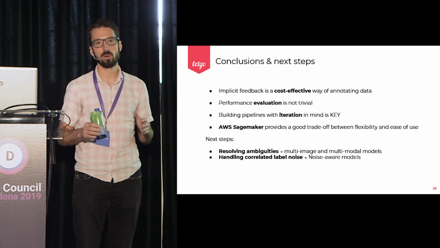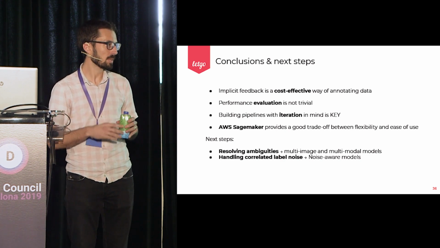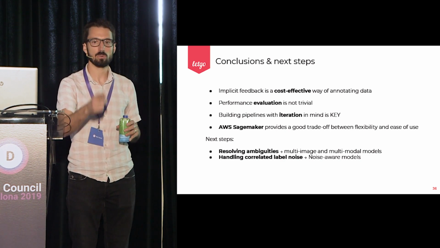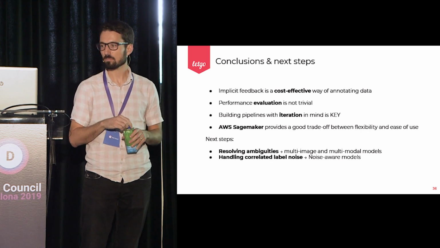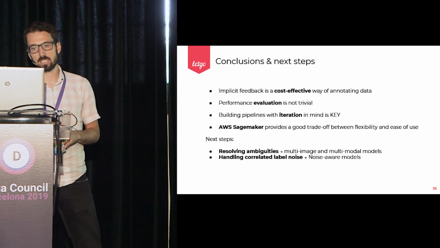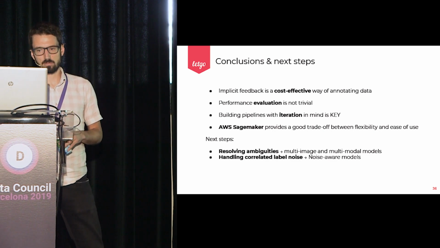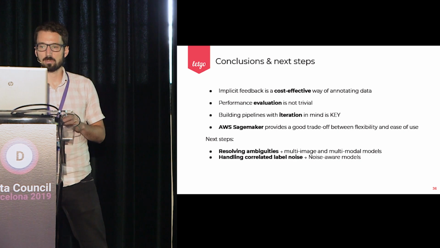You have to be a little bit smarter about how to handle versioning and making sure that you can cycle through iterations quickly to just keep tuning all the knobs. And then finally, I believe that SageMaker, and I think Google has something that resembles it, not quite mature yet, but a similar tool, provides quite a good trade-off between flexibility and ease of use.